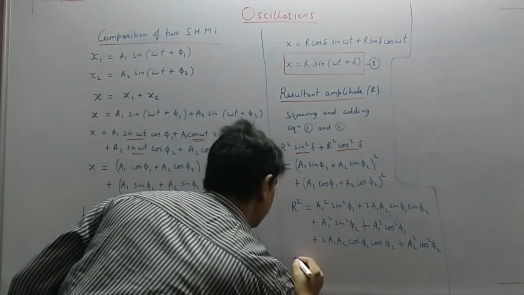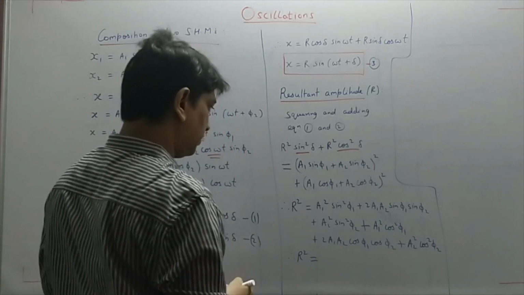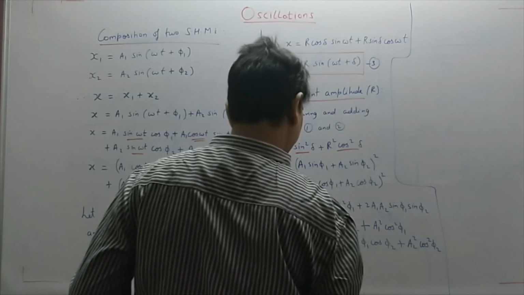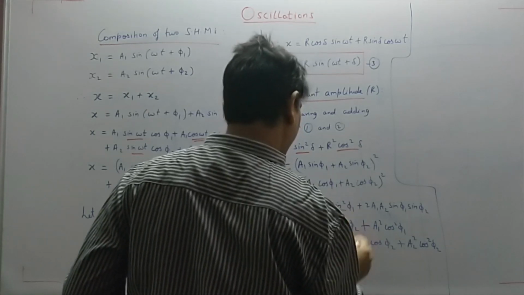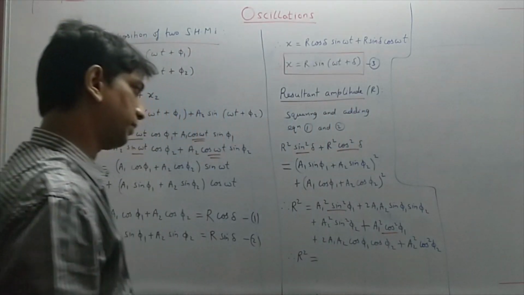Therefore r square is equal to, take common in this, a1 square sin square phi, another it is here cos square phi.